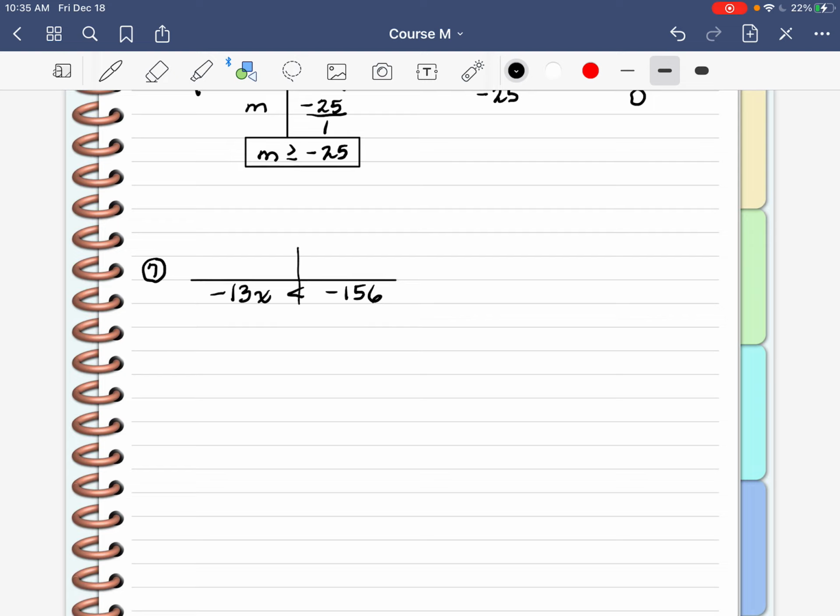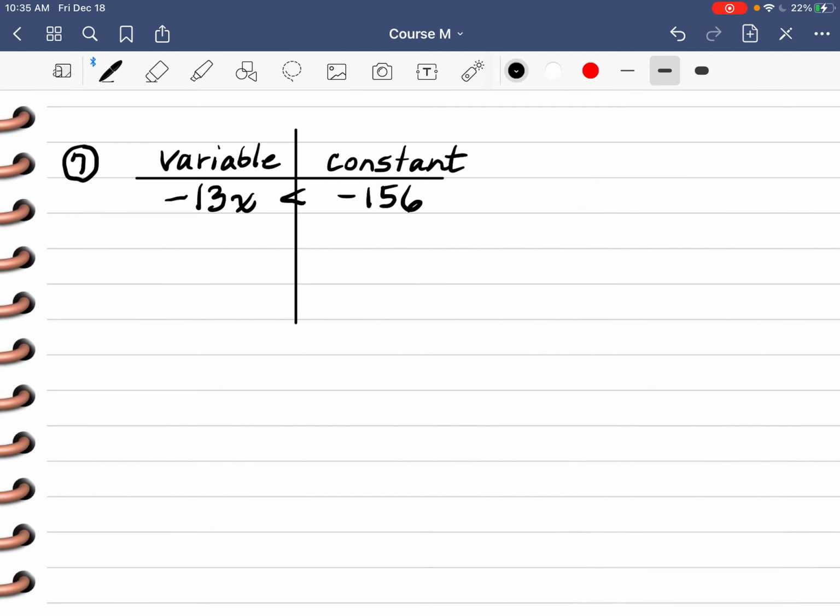Draw the power t, and I have a variable on this side, so we're already standardized. I have a constant on this side, and I ask myself what needs to move, and it is that coefficient. Be careful, it's a negative 13.